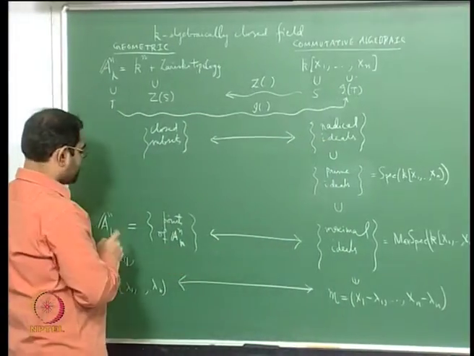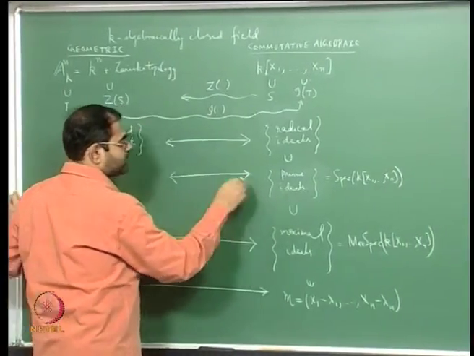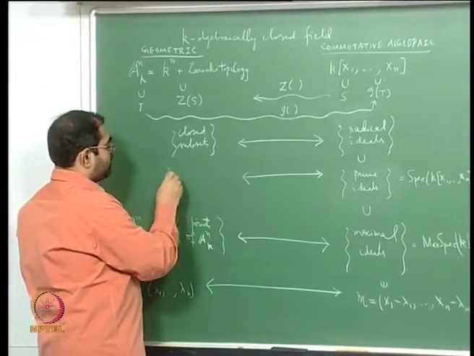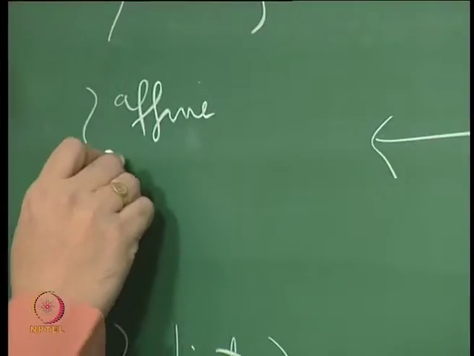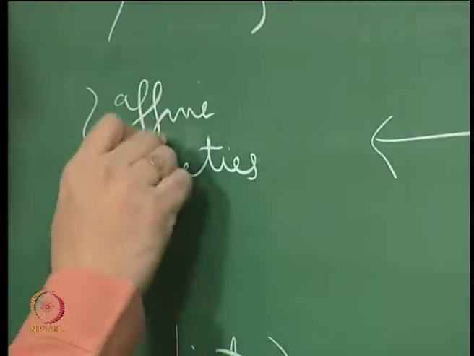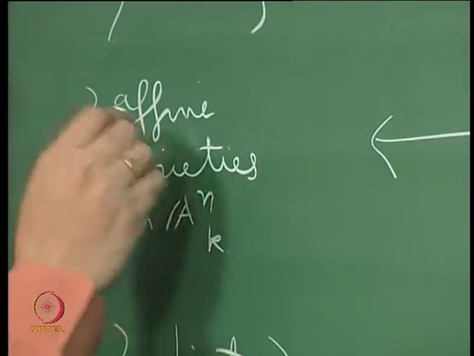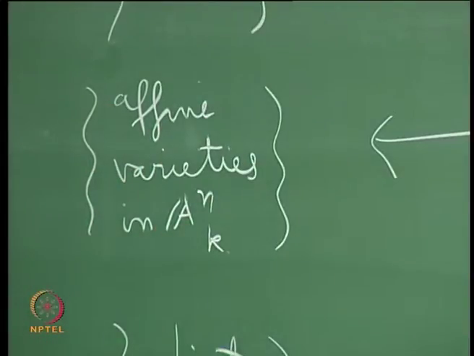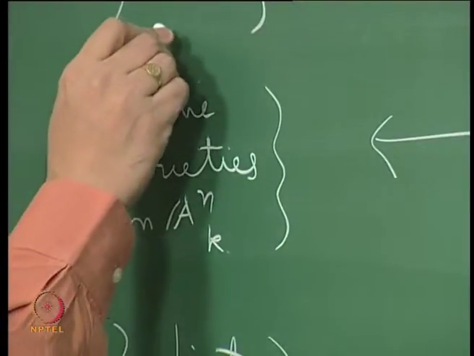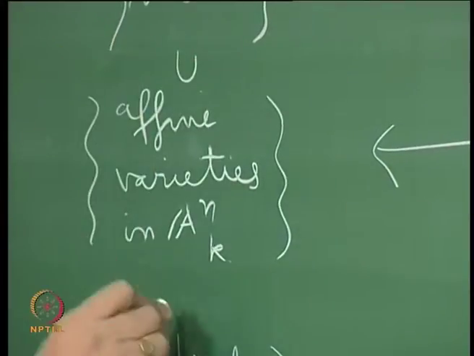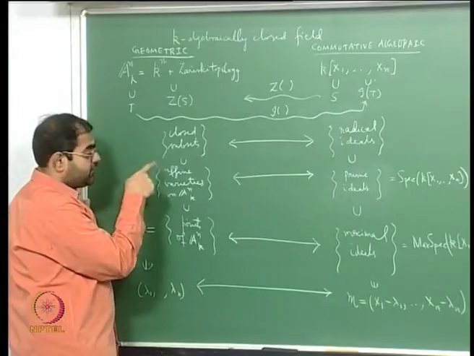Okay, and what happens is that what corresponds to prime ideals on this side are what are called affine varieties in A^n. By this I mean the definition is these are all algebraic sets, these are all closed sets which are irreducible.